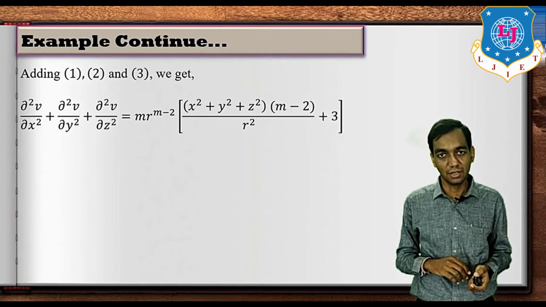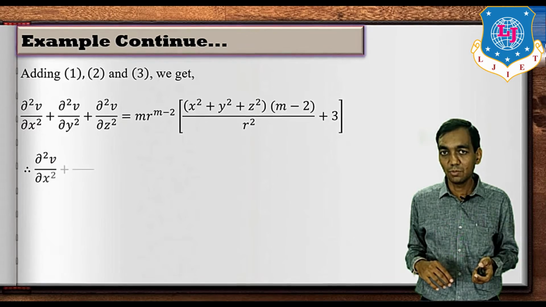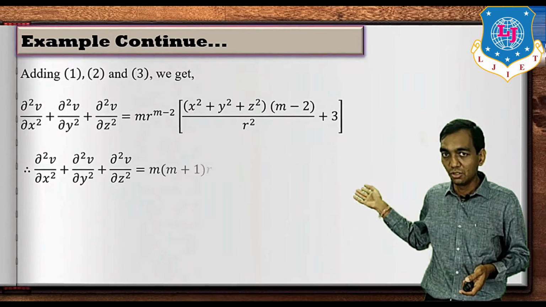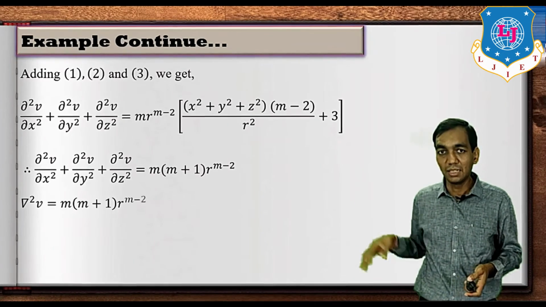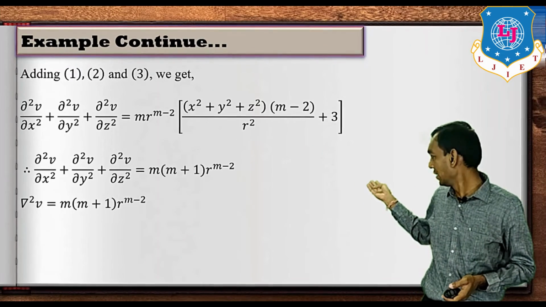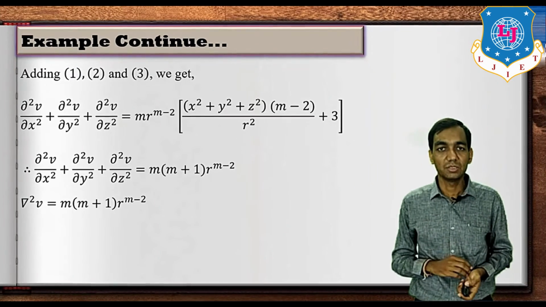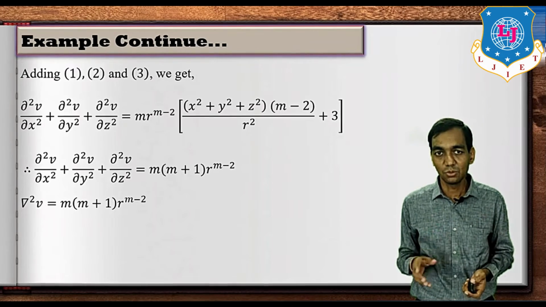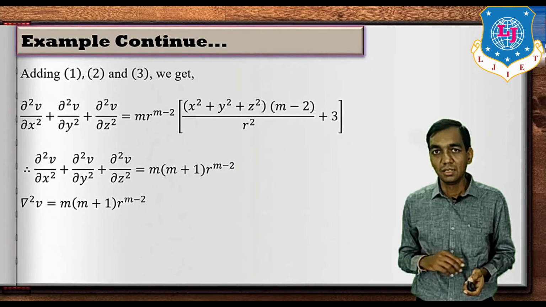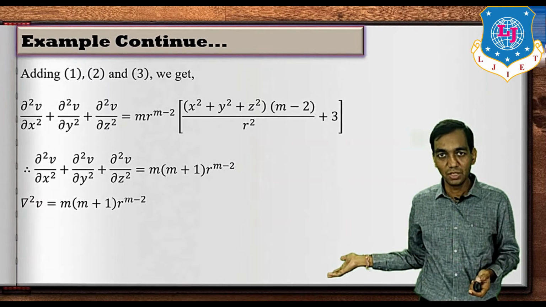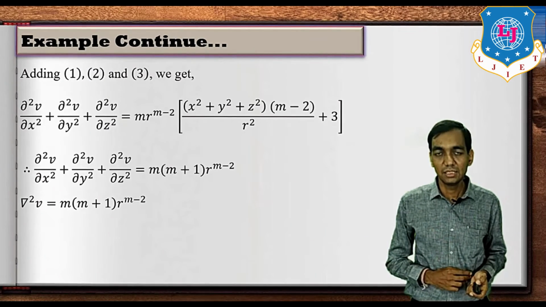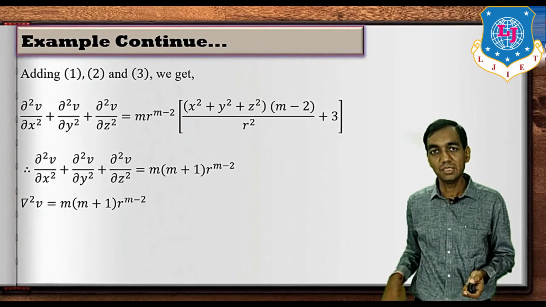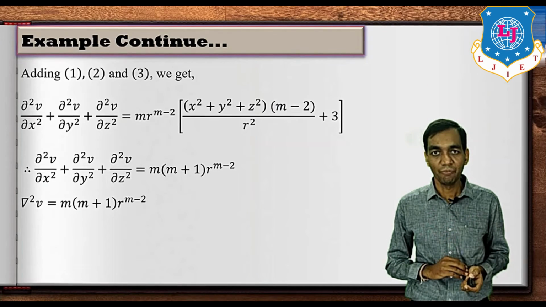So you will have plus 3. But x² plus y² plus z² is your r². So if you put it as r², then the simplified term is equal to m into (m plus 1) times r raised to m minus 2. So this proves your result. And if you are writing it in the form of nabla, then ∇²v is equal to m into (m plus 1) times r raised to m minus 2.